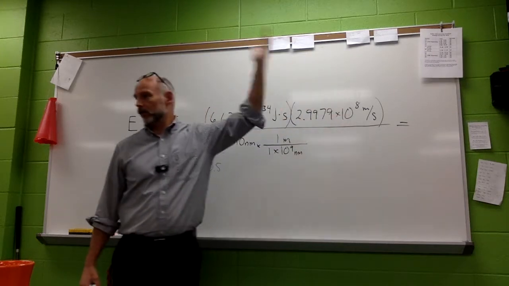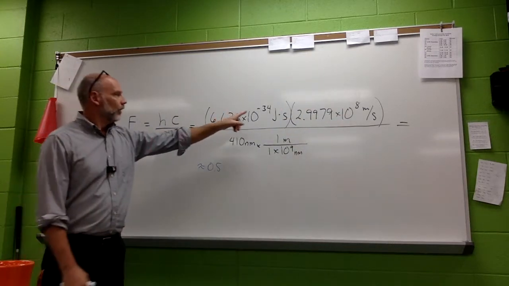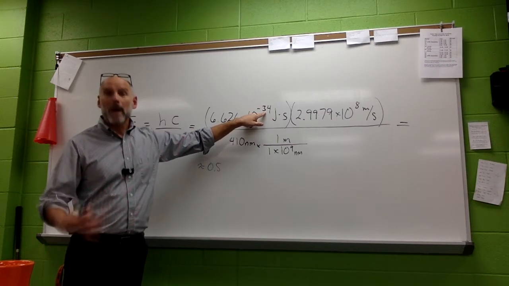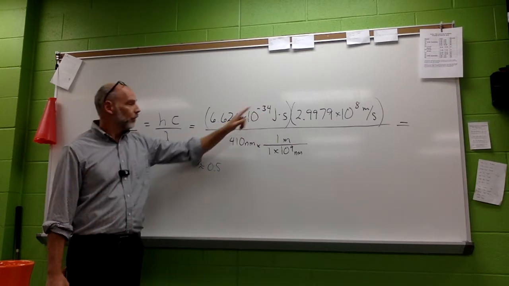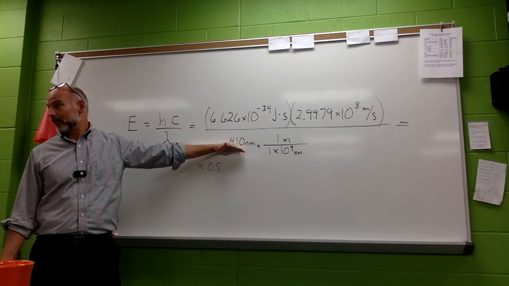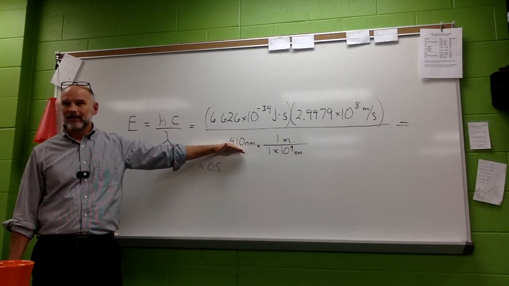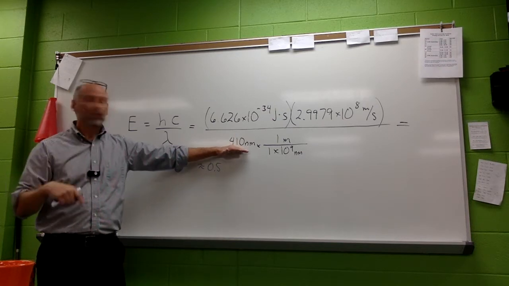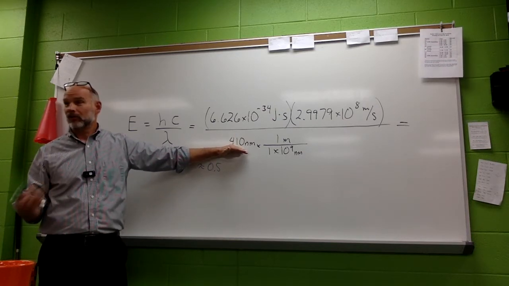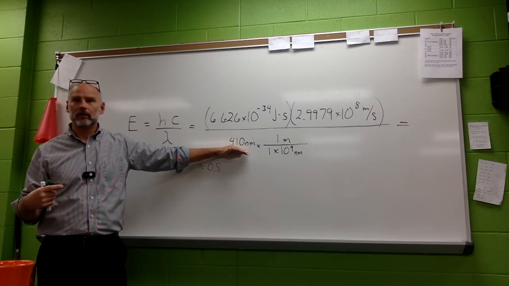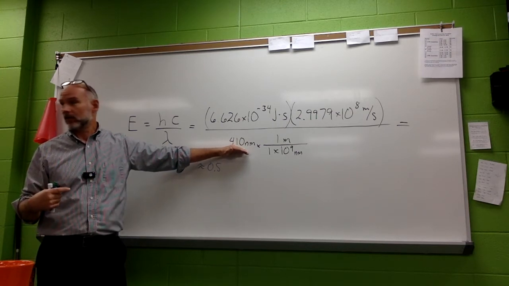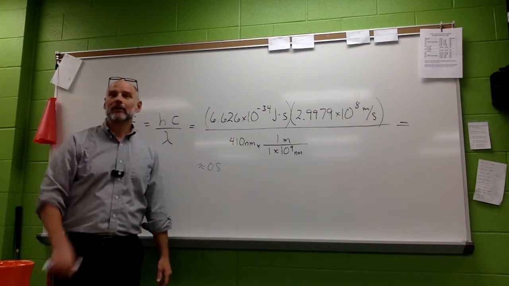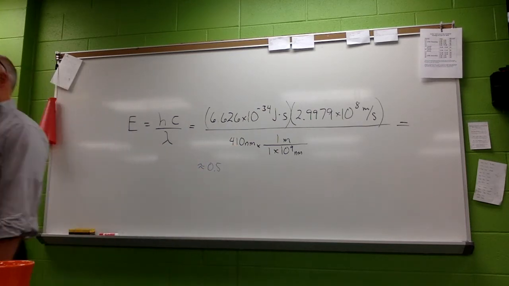So 9 plus 8 is 17. 17 plus minus 34 is minus 17, right? But then we've got this thing, which is 10 to the second. Oh, you might be right. I went the wrong way. So that's going to make it minus, what did we say we were at? Minus 17. That's going to make it minus 19, right? But then it's 0.5, so actually it's 20. So 5 times 10 to the negative 20.